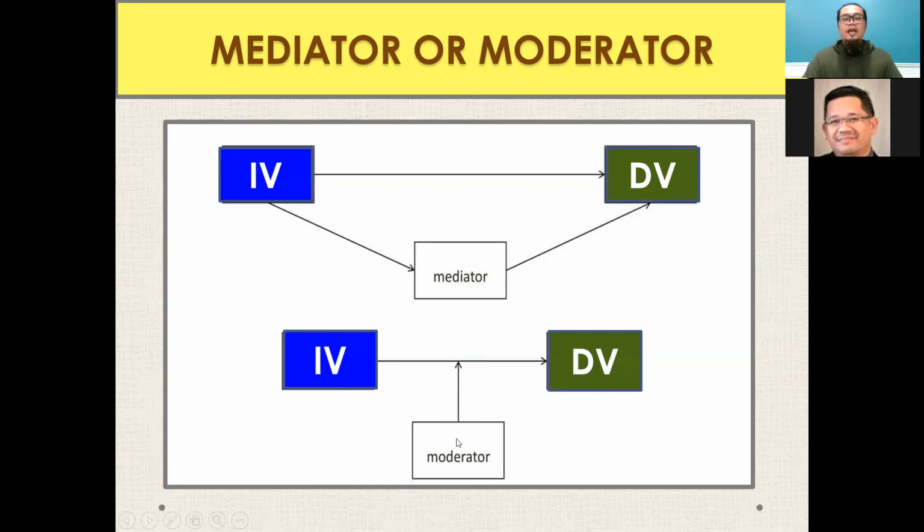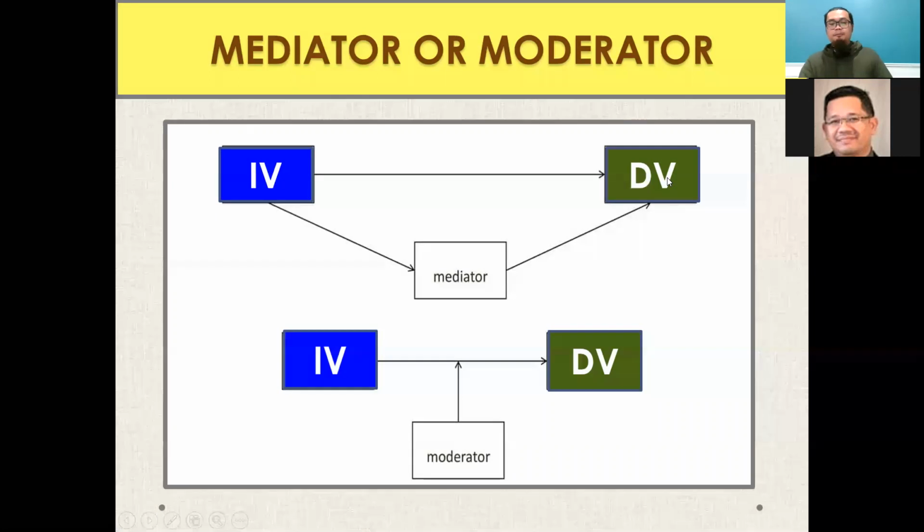It just goes through the relationship, so we can know how this moderator controls or affects the relationship between IV and DV. If you apply a mediator, you can see the IV can affect the mediator and the mediator will affect the dependent variable, plus the IV also directly affects the dependent variable.